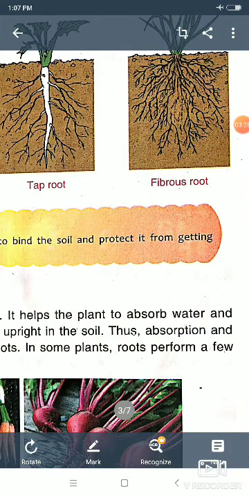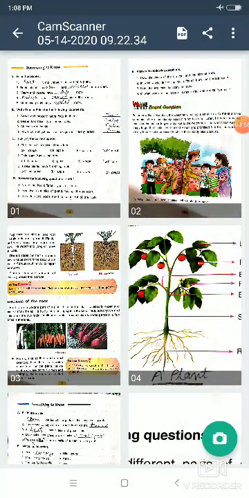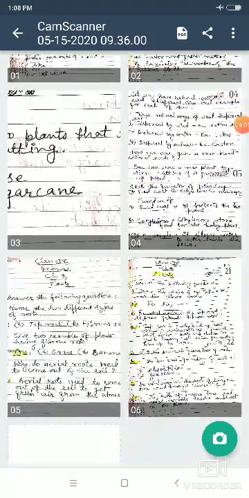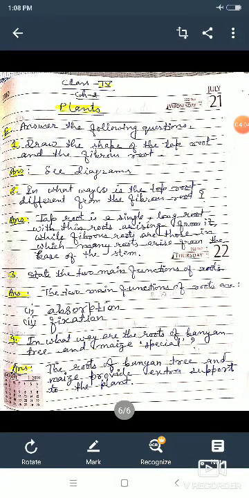Tap root: here is one main root, and many branches arise from that main root. In the fibrous root, all the roots arise from the stem of the plant. So you will draw this diagram. I hope you all can draw. Draw neatly. This diagram is in your book, so you will see that diagram. So draw the shape of the tap root and fibrous root.